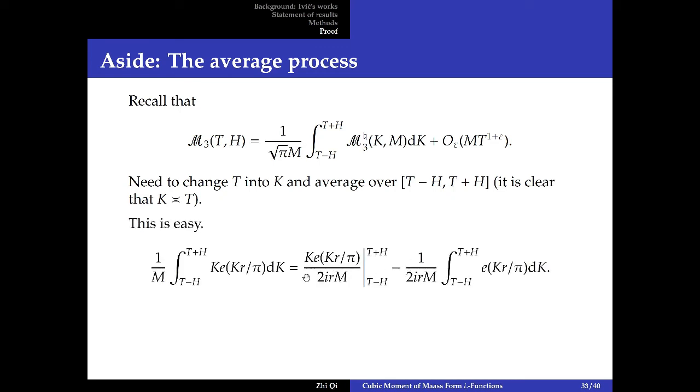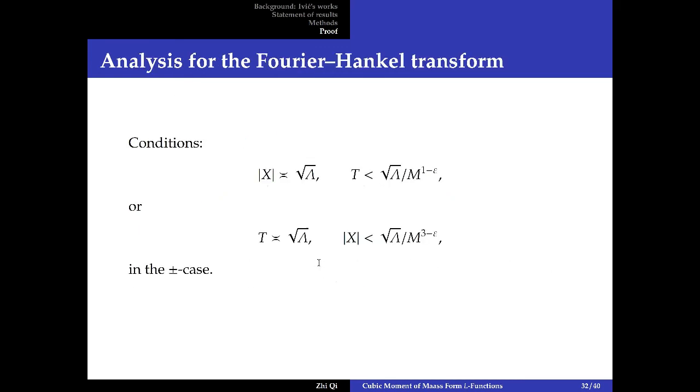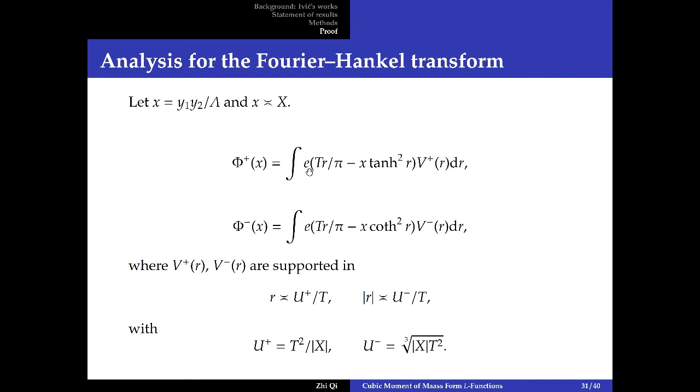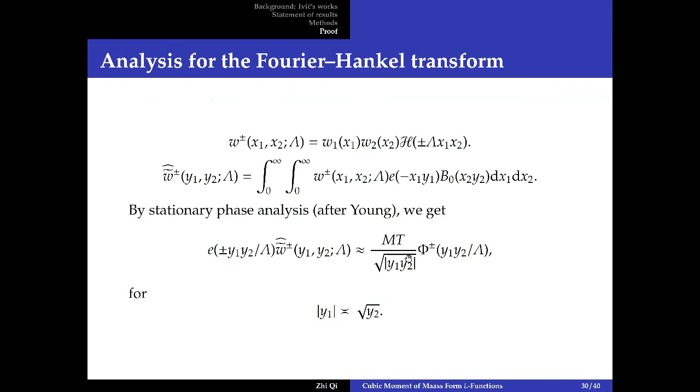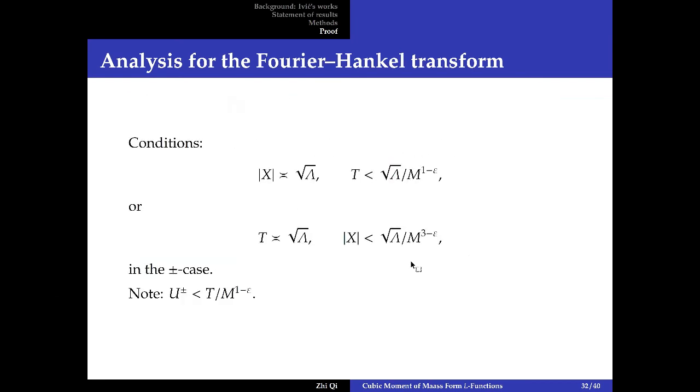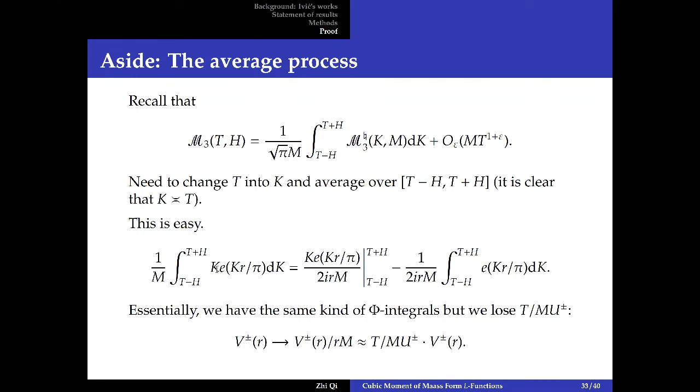Now we pull out the part with this T. One part is in the exponential factor, and another part is here. So essentially, we need to average this K times EKR over pi.